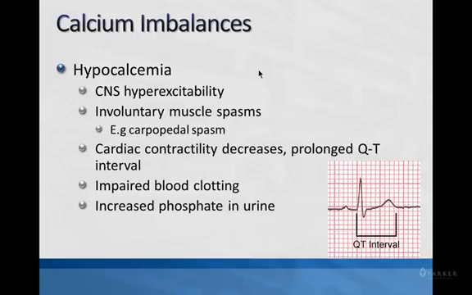Remember that skeletal muscle is controlled by the nervous system. So if the nervous system is hyperexcitable, it can cause skeletal muscle to contract involuntarily. And we're going to show you what a carpopedal spasm looks like very shortly.